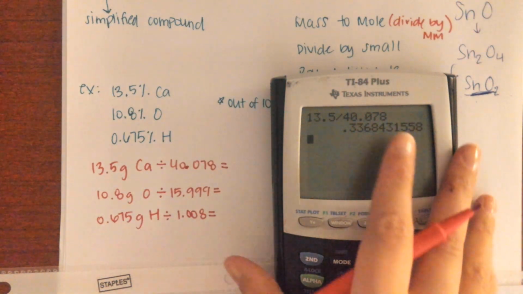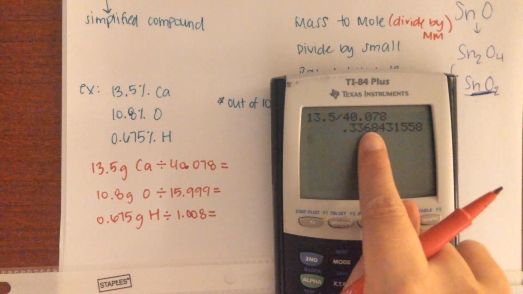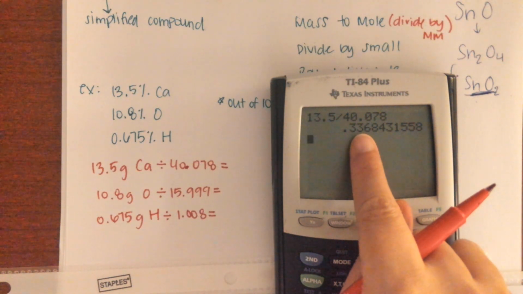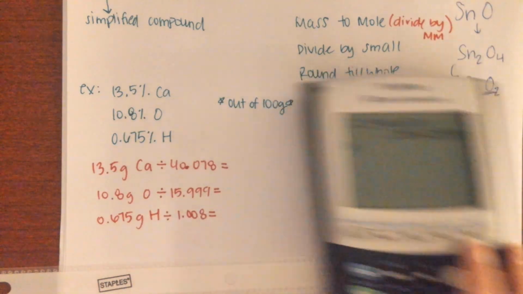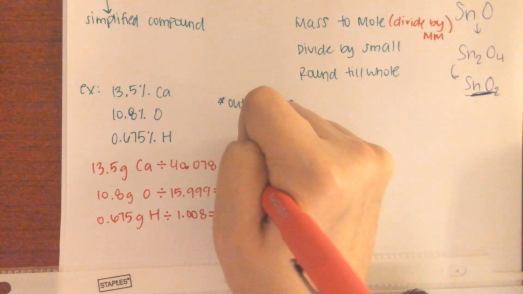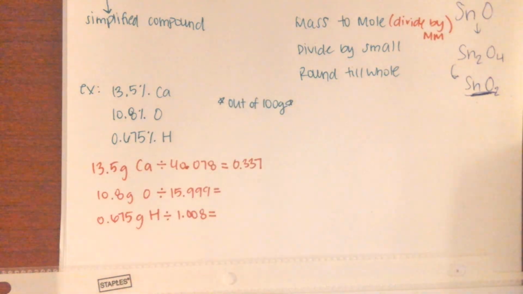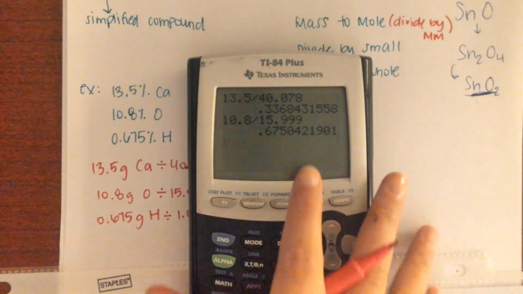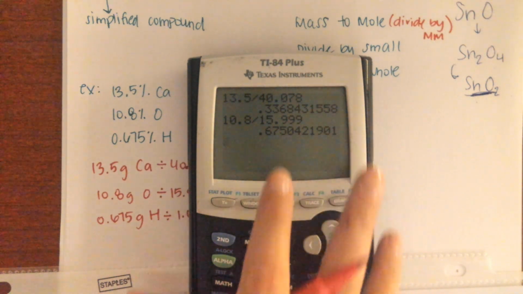So this first one, and we're going to round to the thousandths place, 3 decimal places. So in this case, it would be 0.337. Next one, 10.8 divided by 15.999. So I'll do 0.675.